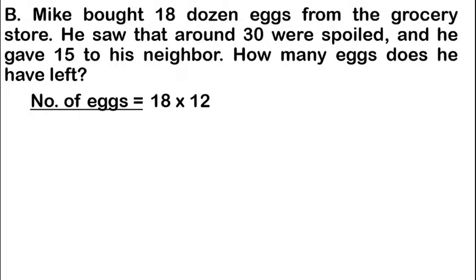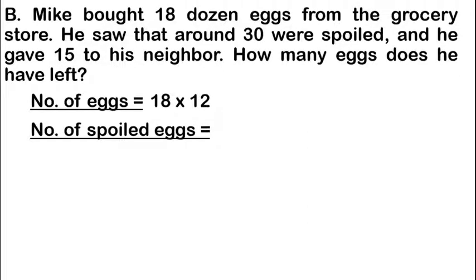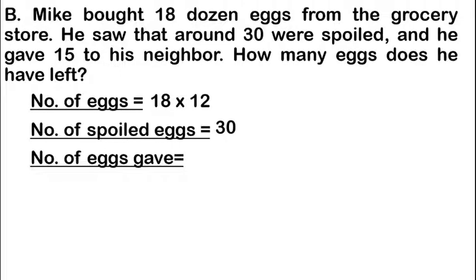So we will have 18 times 12, and the number of spoiled would be 30. Spoiled means we cannot use or cook them because they are rotten. The next is the number of eggs given to his neighbor, that is 15. So now we can create an expression.